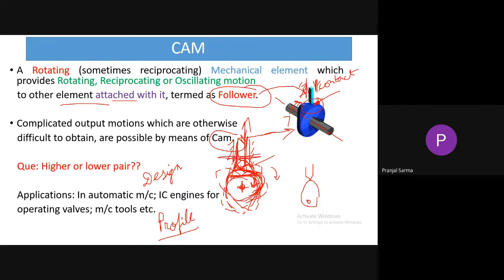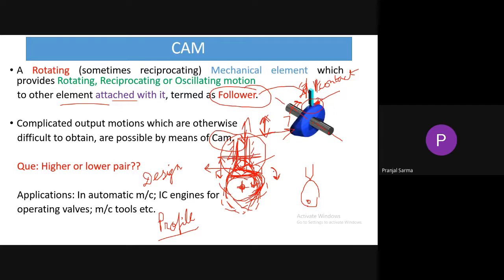Initially it was here, then it will fall to this one, and once again, as it is continuously rotating, the contact is not broken, and it will again move up. So ultimately this motion is translated to this element known as the follower, and the follower gets this kind of motion. That means the rotational motion of the cam is basically converted to the reciprocating motion of the follower.